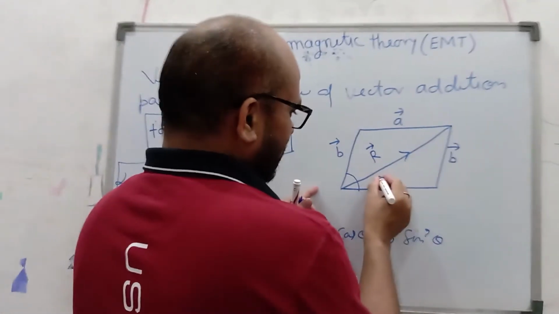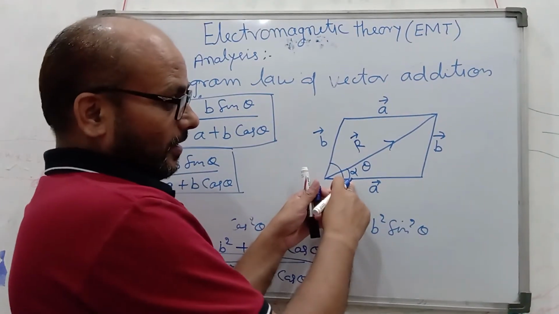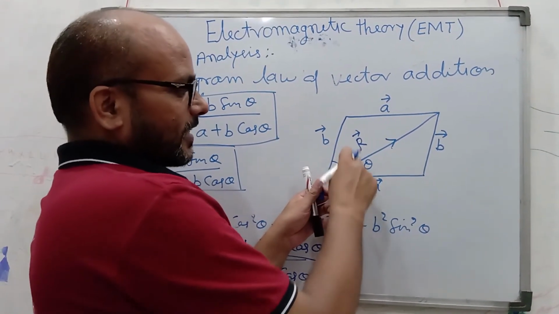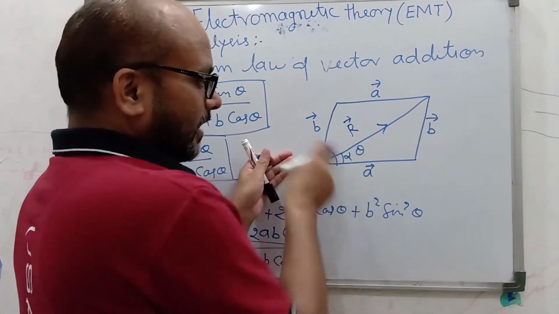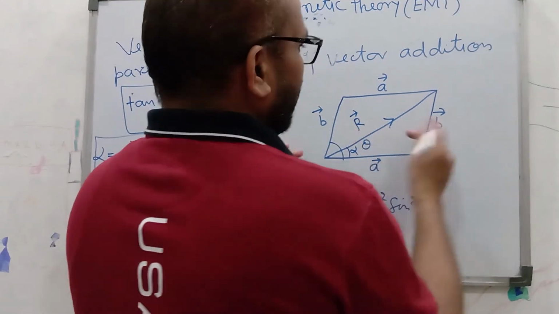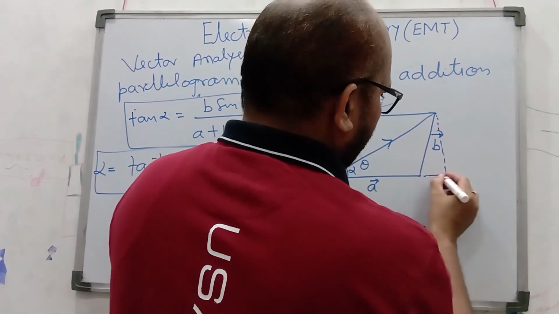So the angle is theta, this is alpha. Alpha is the direction of the resultant vector, and theta is the angle between A and B vector. So you can derive it simply here.